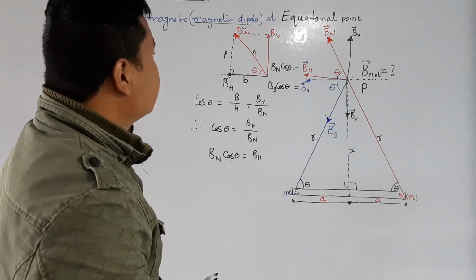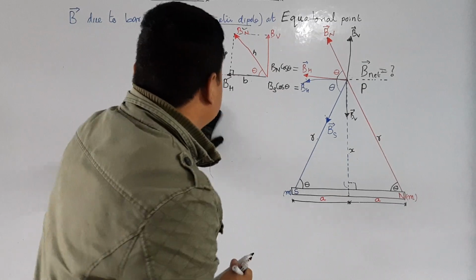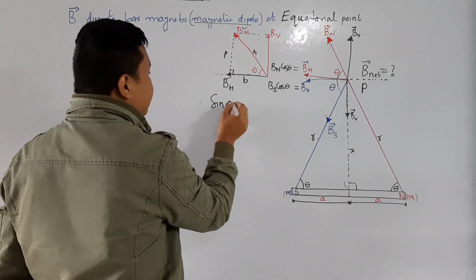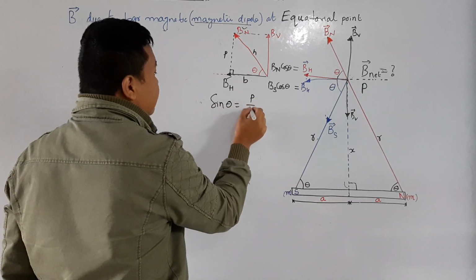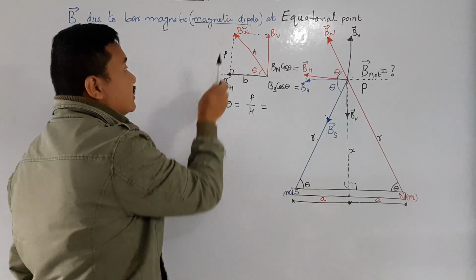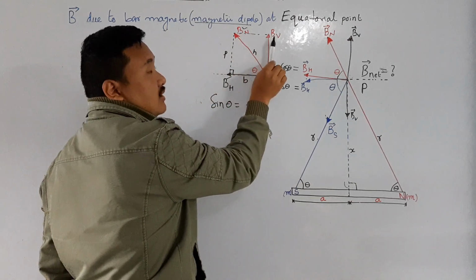Okay. Now let me go to the vertical. For vertical, I will use sin theta. Sin of theta is equal to perpendicular divided by hypotenuse. This is my perpendicular, and this perpendicular is equal to BV, isn't it?